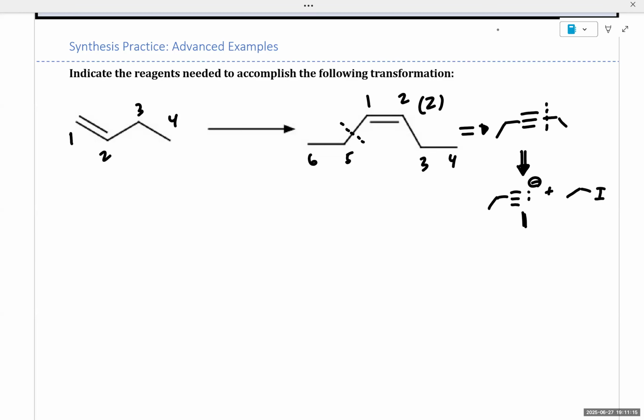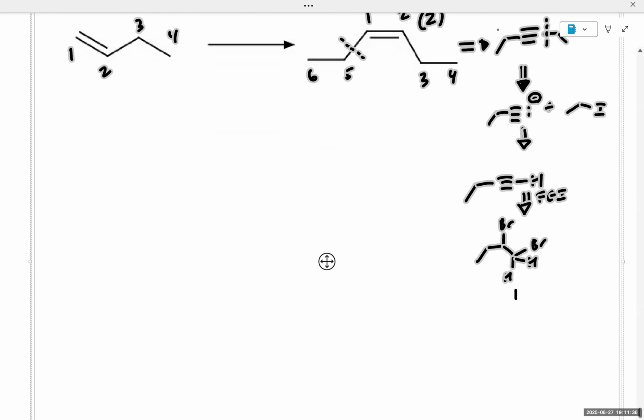Well, let's draw out our formal reagents. One way that we can prepare alkynes that we've discussed is from the corresponding dihalide. And how do we get a dihalide?